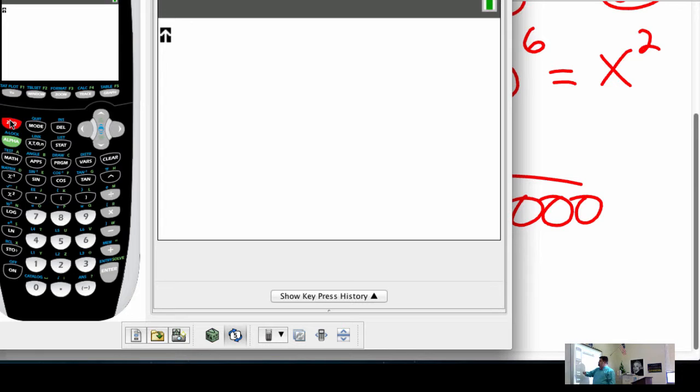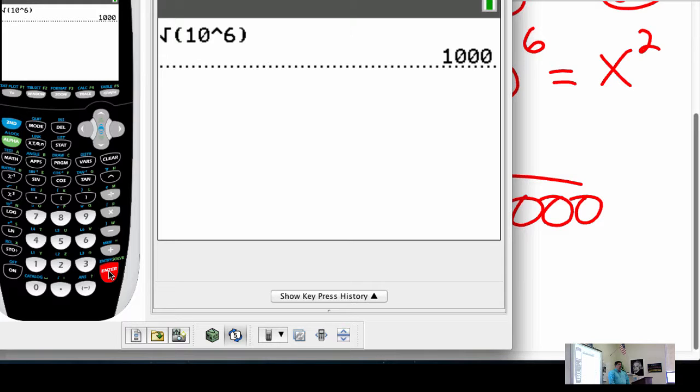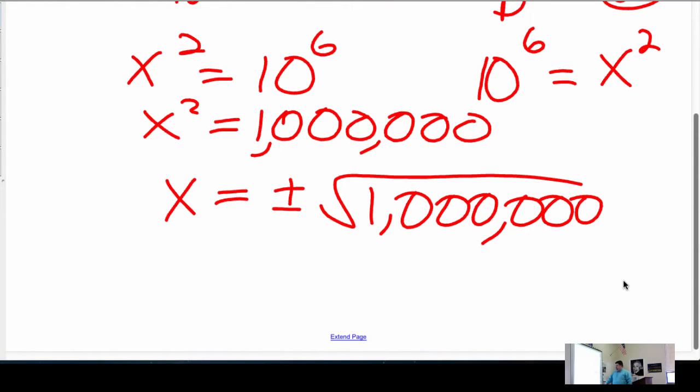So I'm going to say the square root of 10 to the 6th. Now your calculator is only going to spit out the principal root, which is 1,000. So that means I've got x is equal to plus or minus 1,000. Okay, does that make sense?